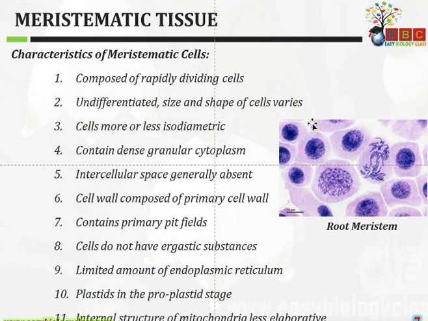Their size and shape may change, but the cells are more or less isodiametric, meaning more or less squarish in shape. They contain dense granular cytoplasm, which, if you see in the picture, is a thicker type of cytoplasm.